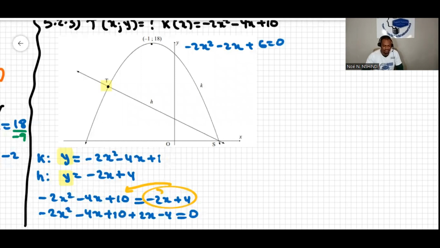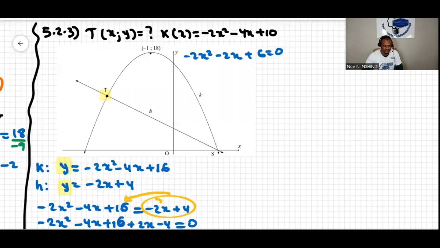So over here, plus 16, plus 16, and there also it's 16. So this will become 16 plus 16 minus 4, which is 12, equal to 0.